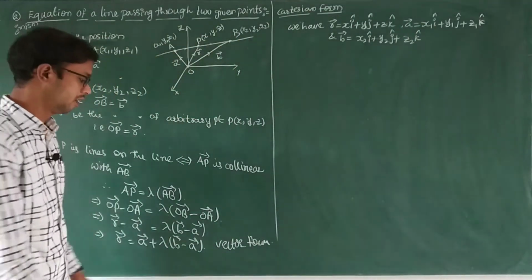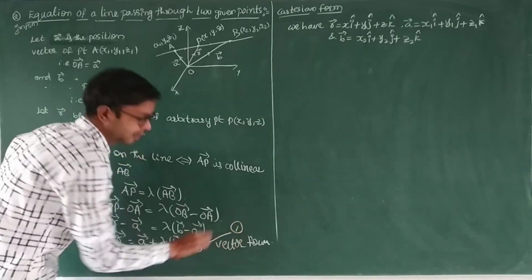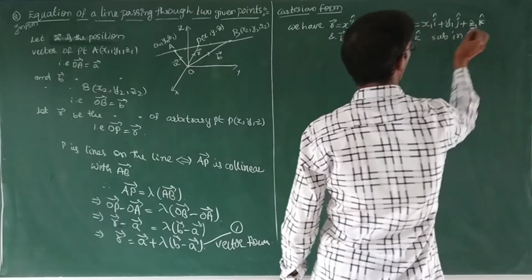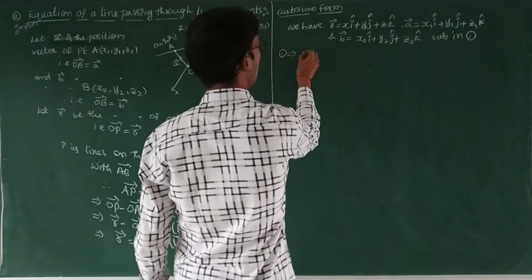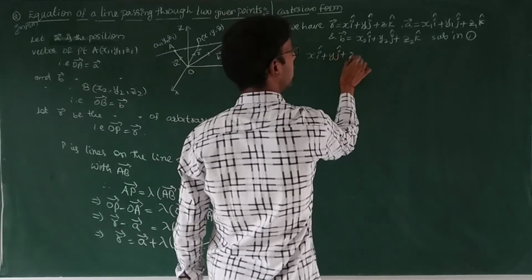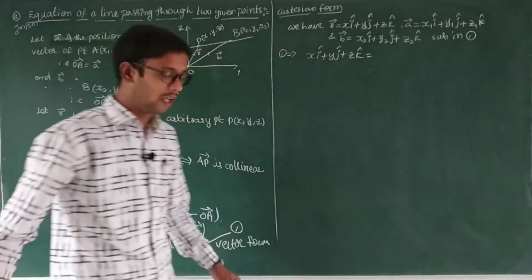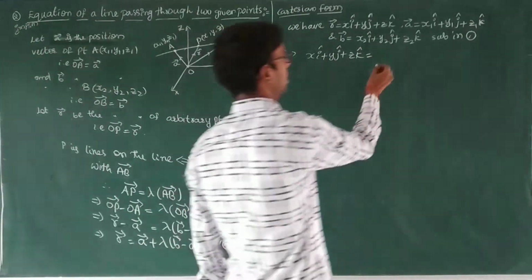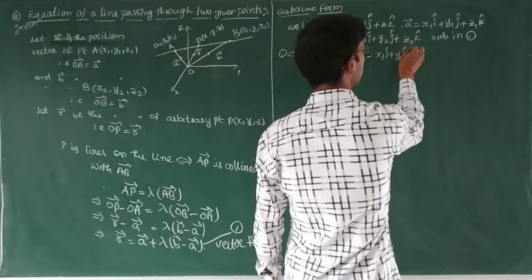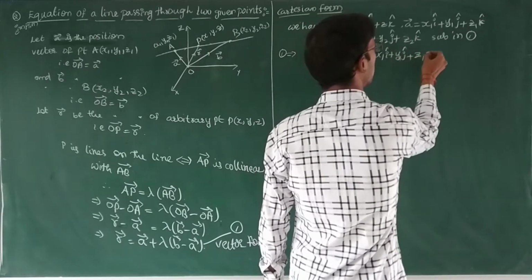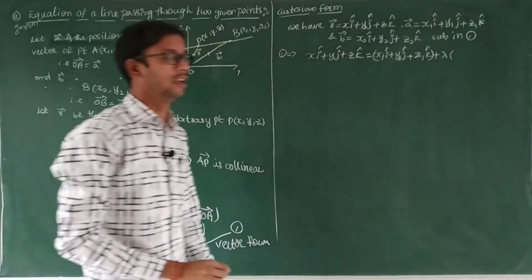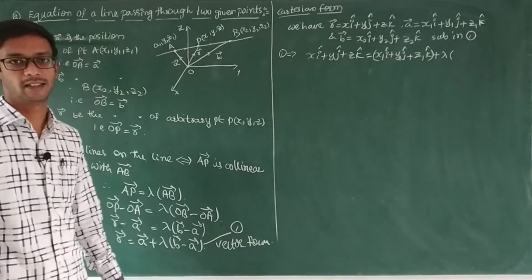Substitute these three in equation 1. I am taking this as equation 1. Substituting in 1: R bar, x i cap plus y j cap plus z k cap, is equal to A bar, that is x1 i cap plus y1 j cap plus z1 k cap, plus lambda into B bar minus A bar.